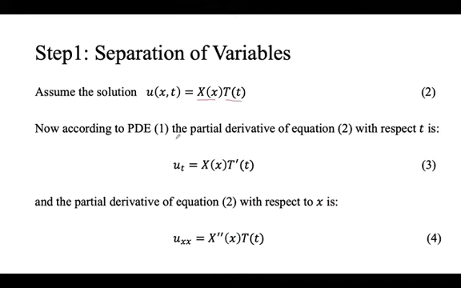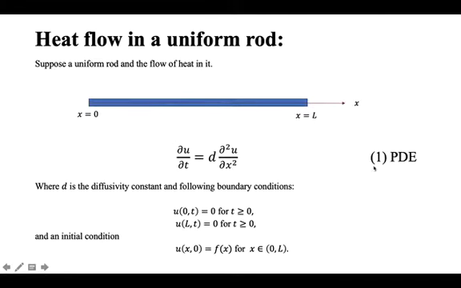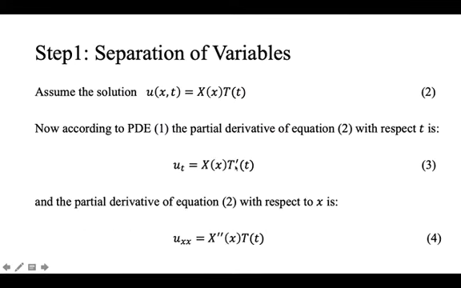Now according to PDE 1, the first heat equation, the partial derivative of equation 2 with respect to t, subscript t, is equal to the partial derivative of u with respect to t, as we have already written in the previous slide.